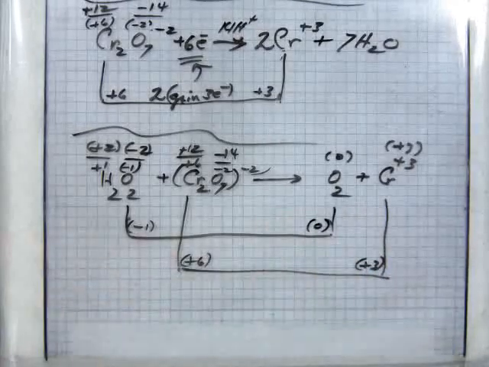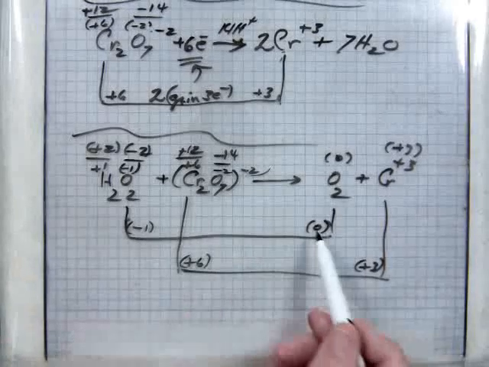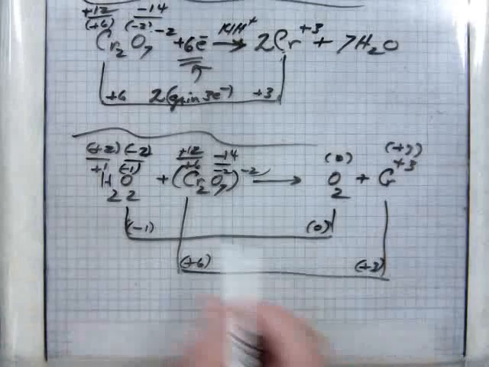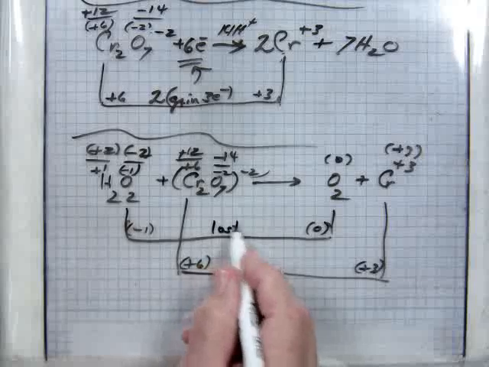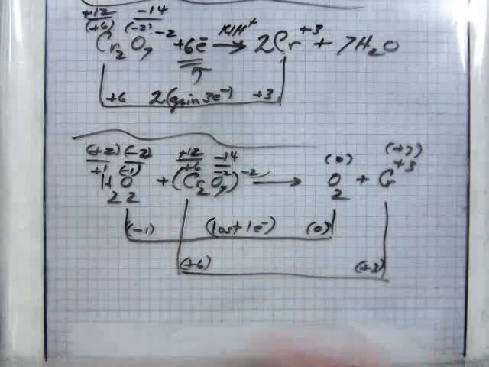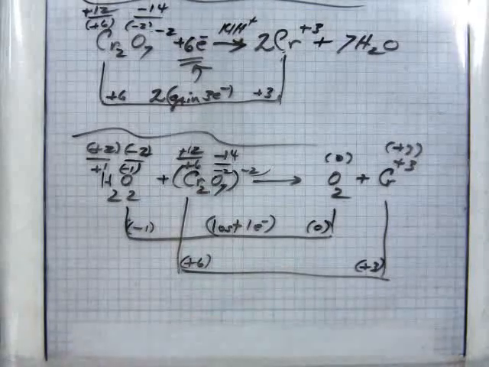Now I've gone through a few of them. You should be able to make decisions now on who's doing what. -1 to 0 is a more positive direction. That means you've lost 1 electron per element, per oxygen. And +6 to +3, that cancels out 3 of the positive charges.